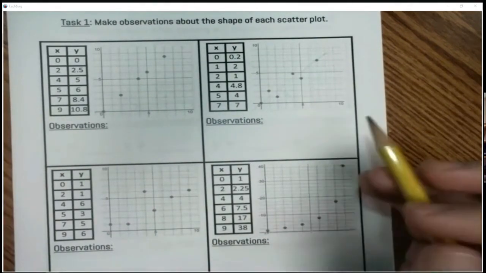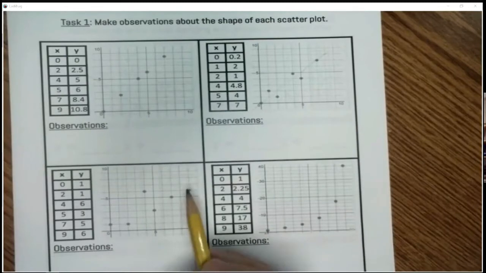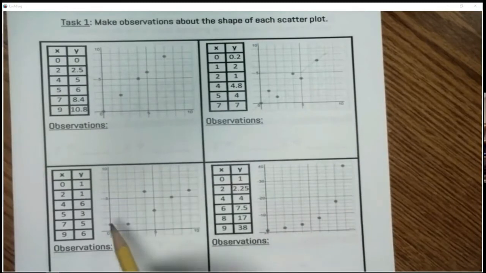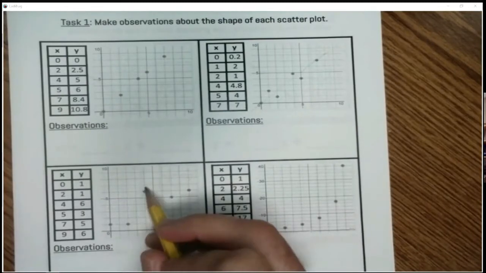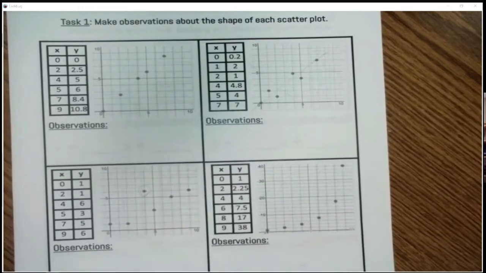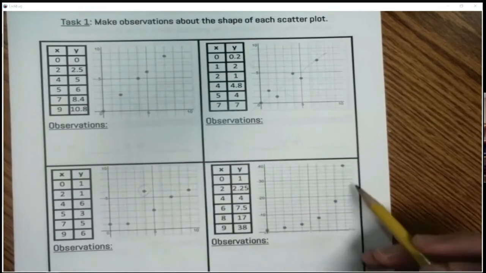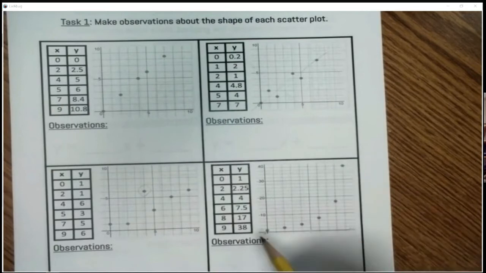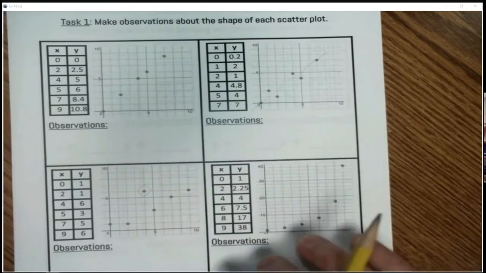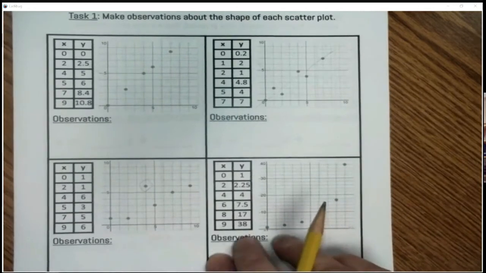So that'd probably be okay. This one, well, it's kind of linear, except there's one outlier. This outlier here may really kind of mess up a linear one. And then this one, okay, that looks very exponential. Exponential growth just almost perfectly. All right, so we can see that and make observations about that.